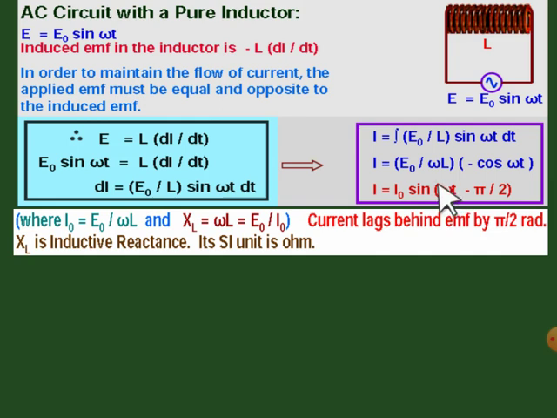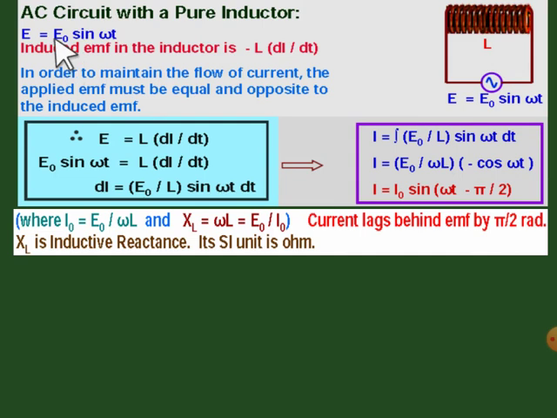The EMF is E naught sine omega t, and the current has some difference in the phase. So when we compare it, current is lagging by an angle of pi by 2 from that of the instantaneous EMF.